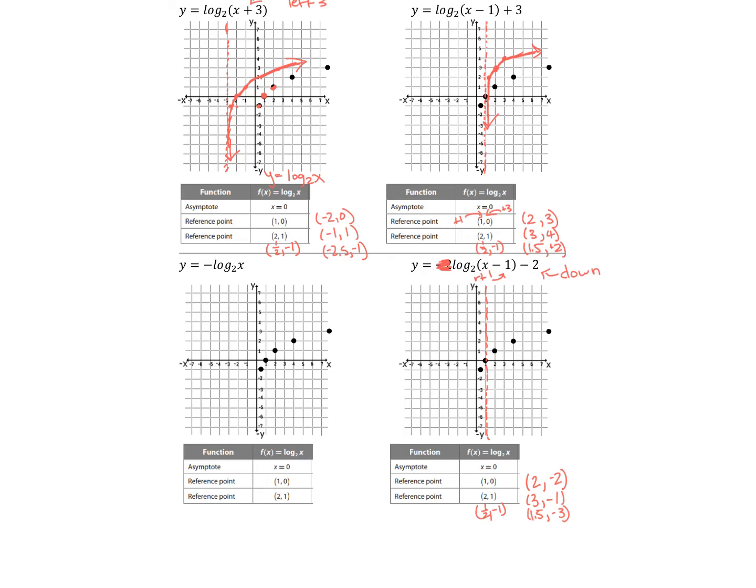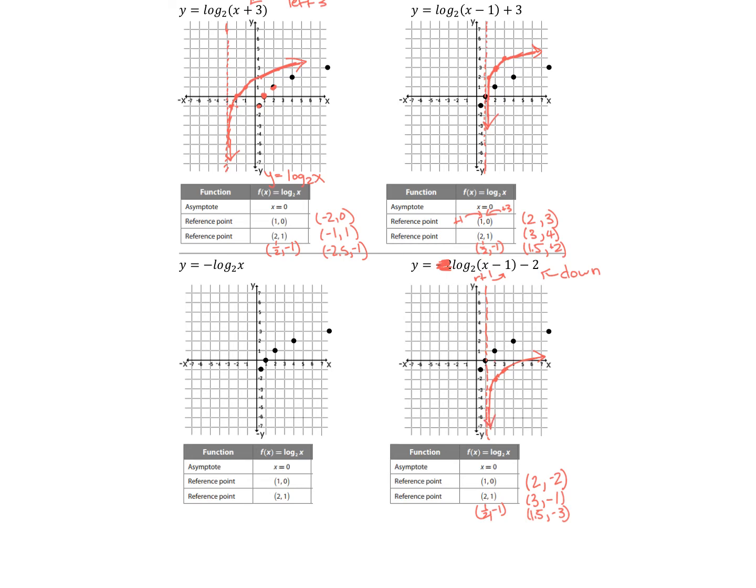So I'm going to go to 2, -2, so 2 down 2. I'm going to go to 3, down 1, and I'm going to go to 1.5 and down 3. And you can see my graph growing slowly upwards and then coming down along my vertical asymptote.